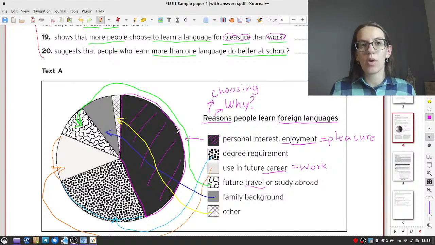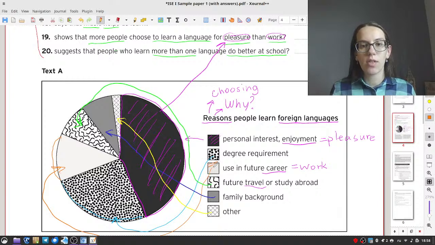And we can now compare them on the pie chart. So again, this pink part here is for enjoyment or for pleasure, so it corresponds to this one. And work, we chose orange for it.